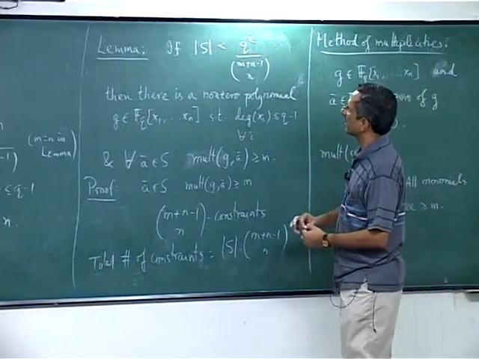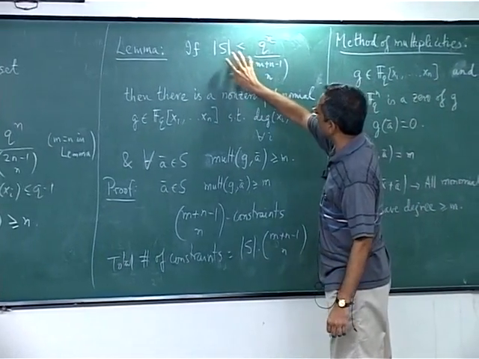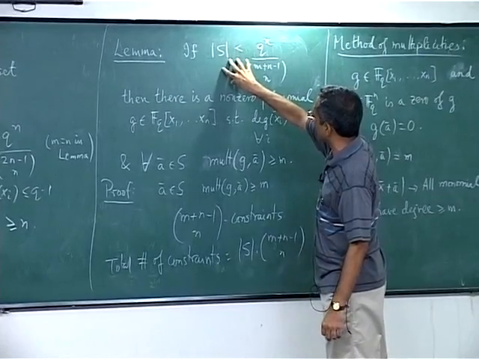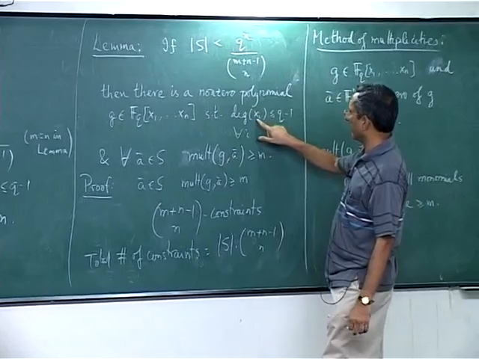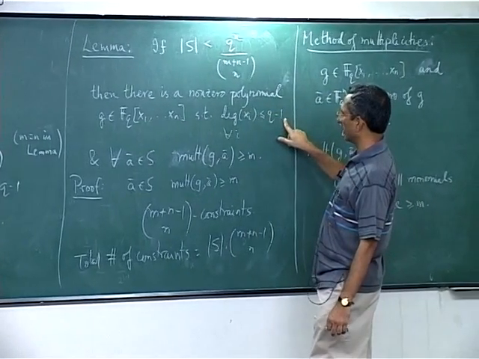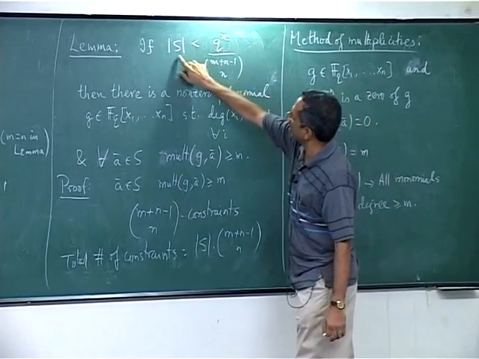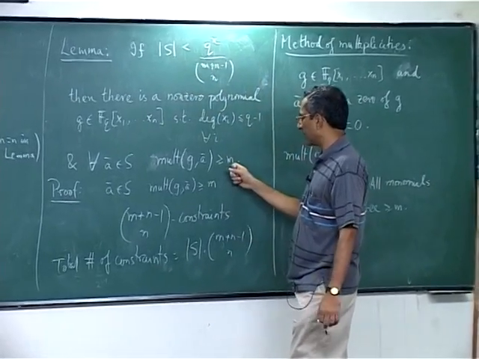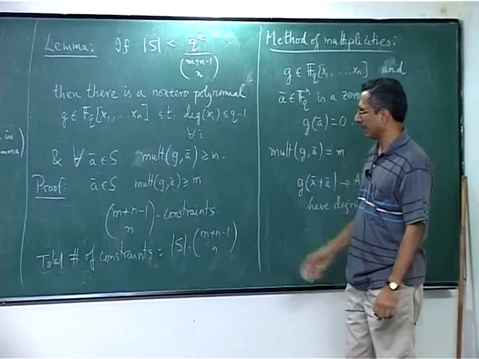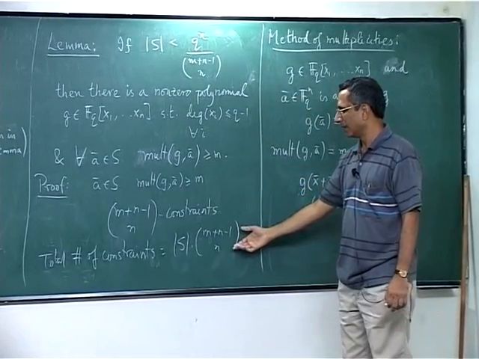So this is a very specific lemma. It says that you can construct a non-zero polynomial g where the individual degree of each variable is at most q minus 1, and every element of a set S, which is small enough, occurs with multiplicity m, and the proof is the same as before.